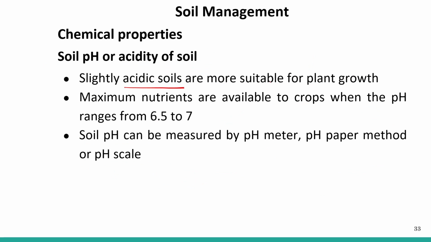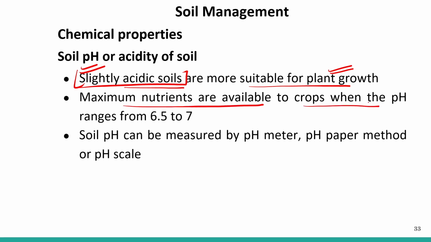Slightly acidic soils are more suitable for plant growth. If the soil is slightly acidic, then it is good for the growth of the plant, so the maximum nutrients are available to the crop. If a lot of nutrients are present, but the pH is not suitable, then those nutrients will not be available to the plant.